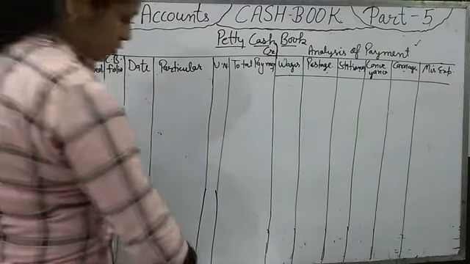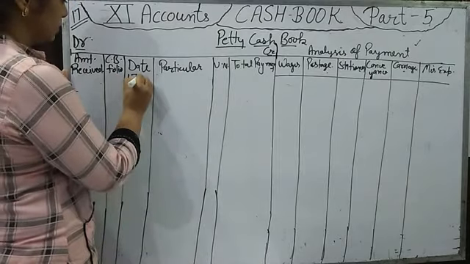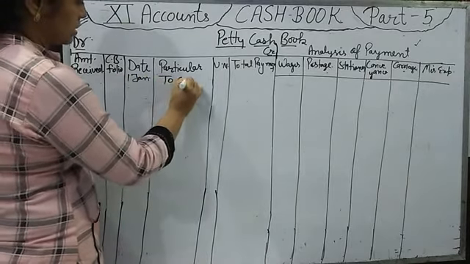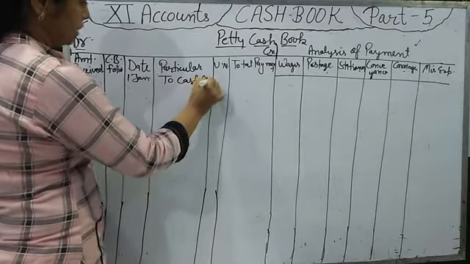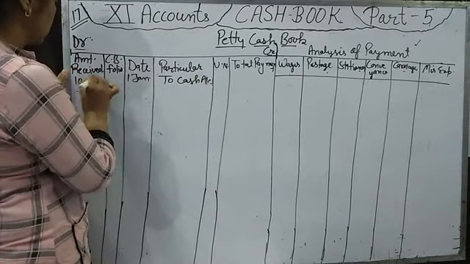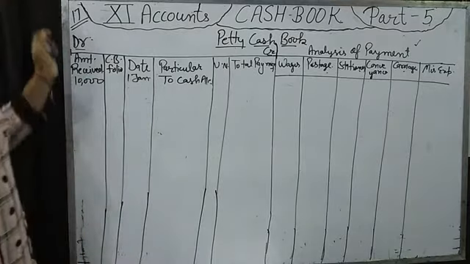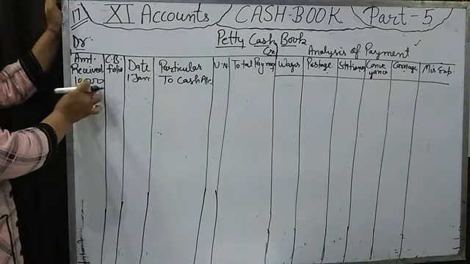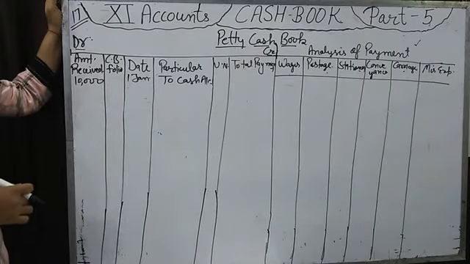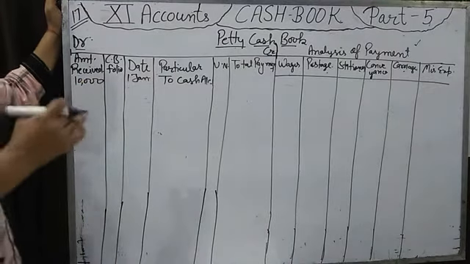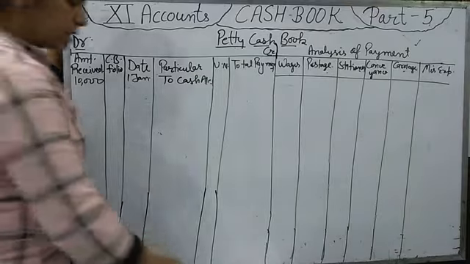Okay. So on 1st Jan, amount received to cash account 10,000. This is the imprest amount, that at the start of every month this amount should be with the petty cashier. Okay, after that we will record all the payments that are given to you.